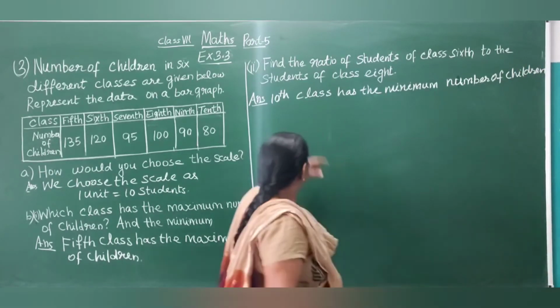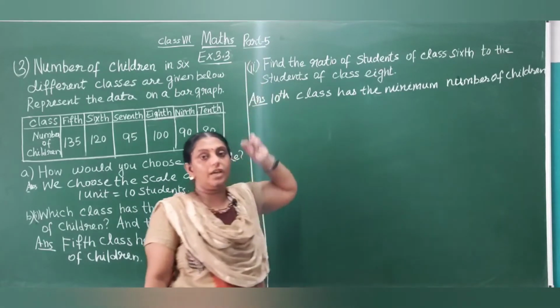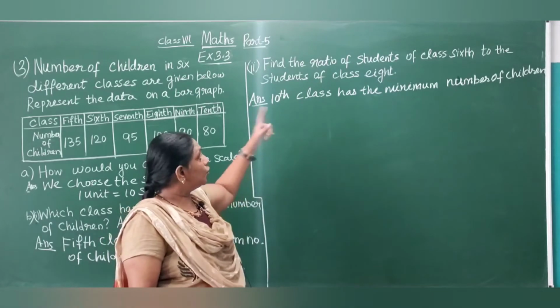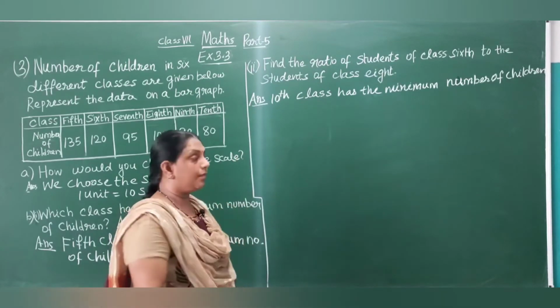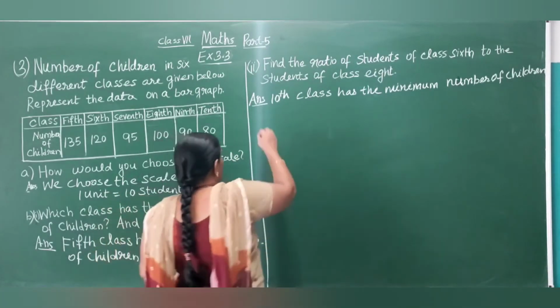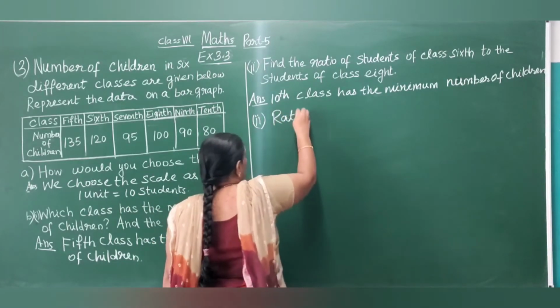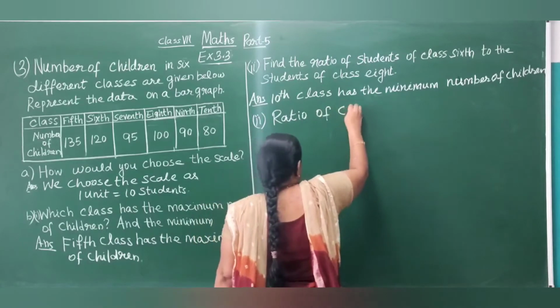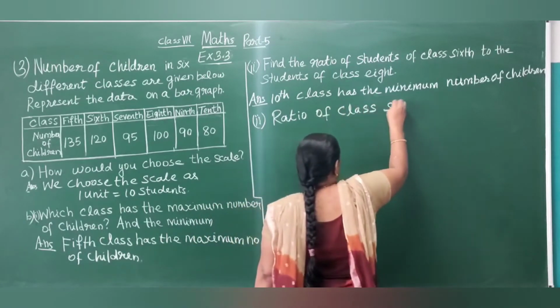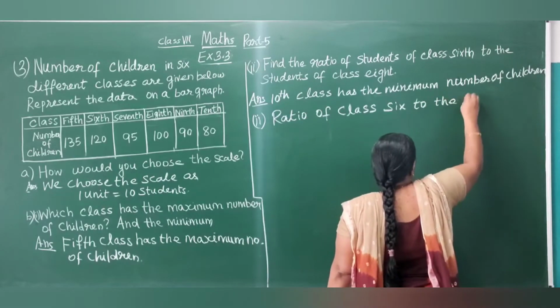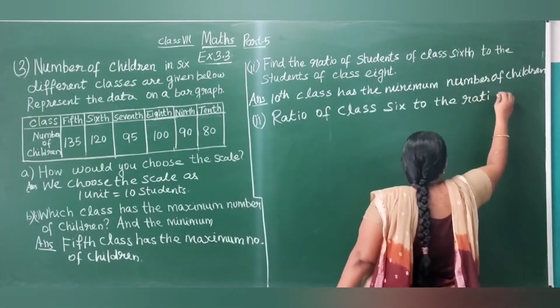Now the second question is, find the ratio of students of class 6 to the students of class 8. So to find out the ratio, the answer for the second one is the ratio of class 6 to class 8.